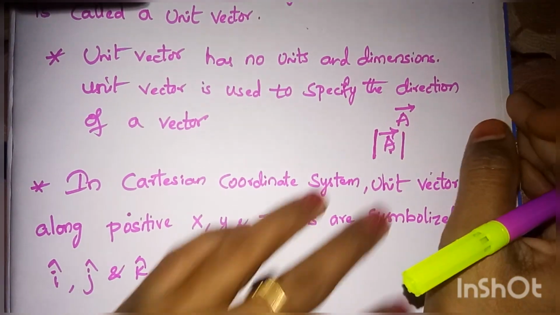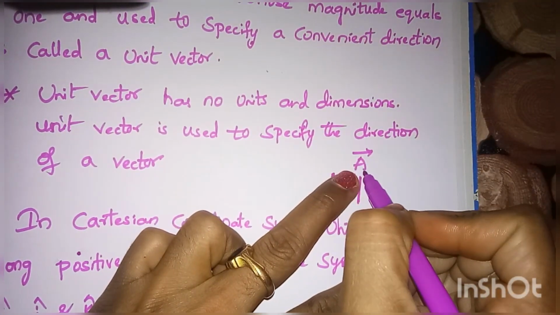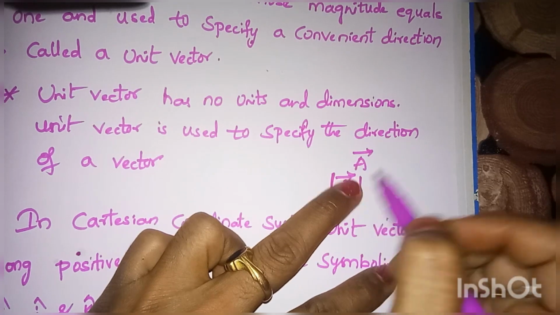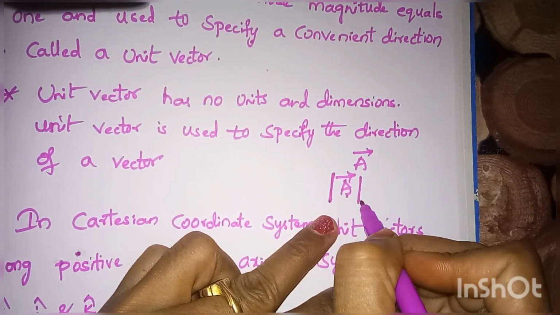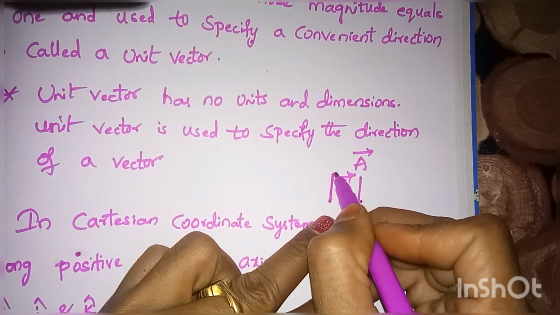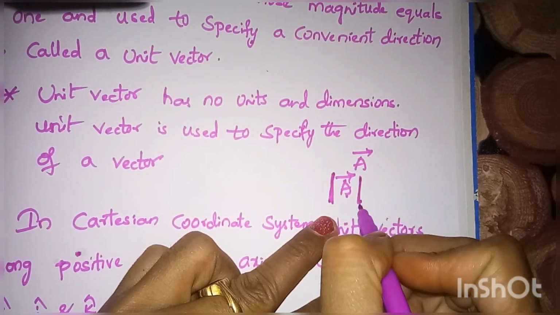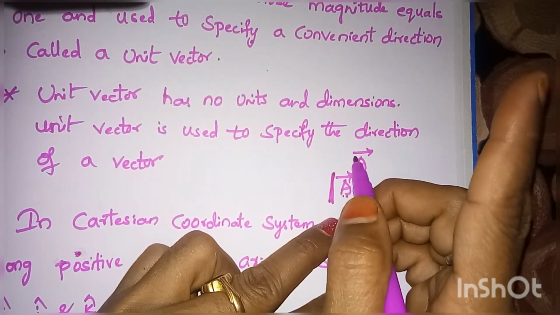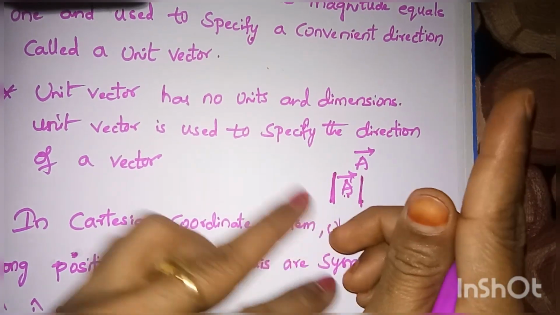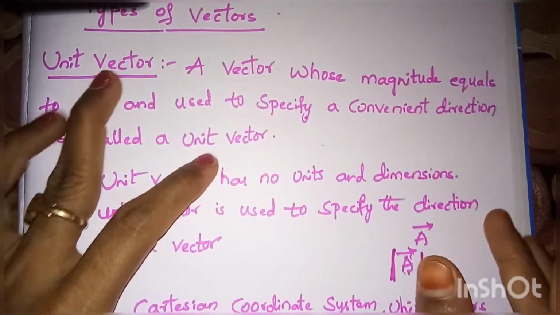As you all know, a vector is denoted by a bar and the magnitude of a vector is denoted by the magnitude symbol, the determinant symbol. This is the magnitude of a vector. For a given vector whose magnitude is equal to 1, that vector is called a unit vector.